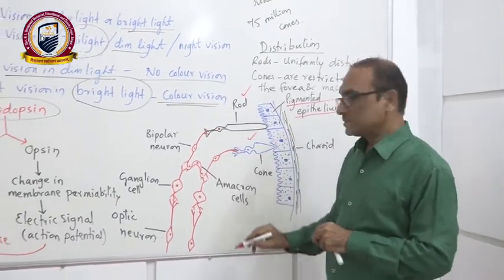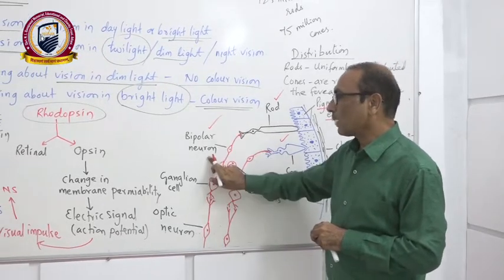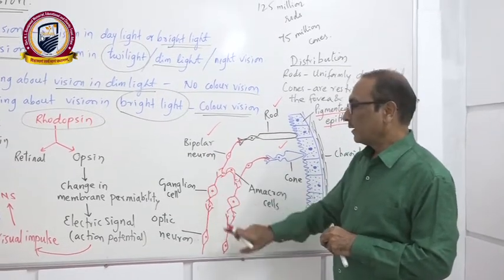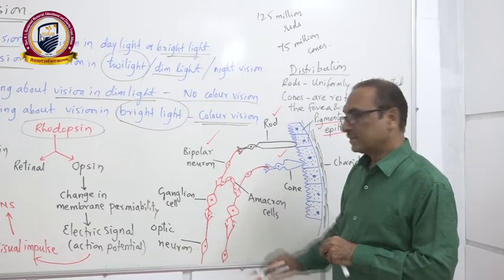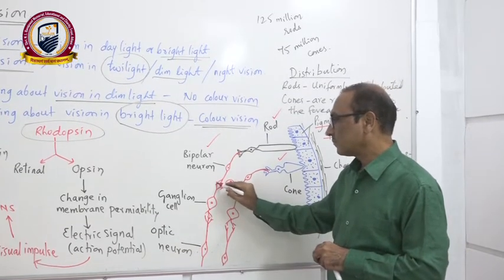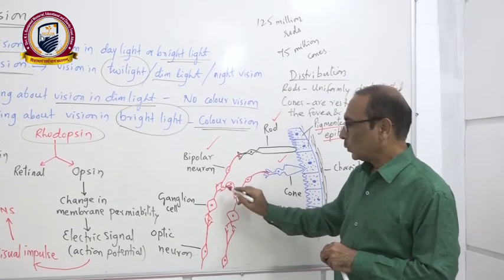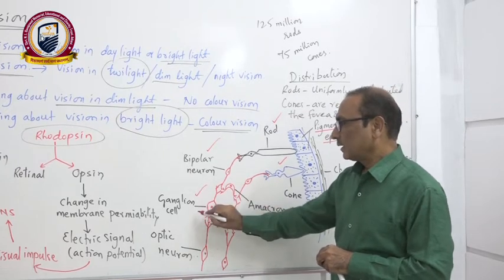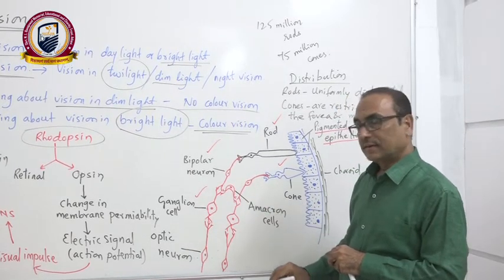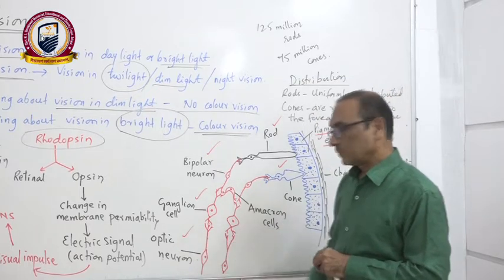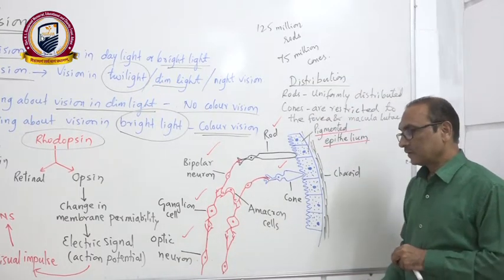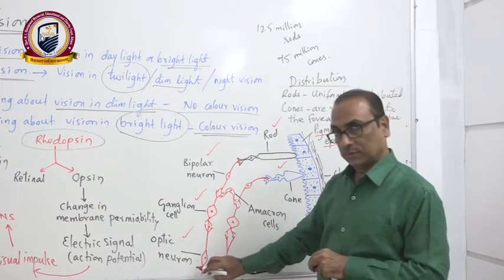Both rods and cones are first connected to bipolar neurons, and then they have synaptic connections with the ganglion cells, and these ganglion cells are further connected, or have synaptic junctions, with optic neurons.